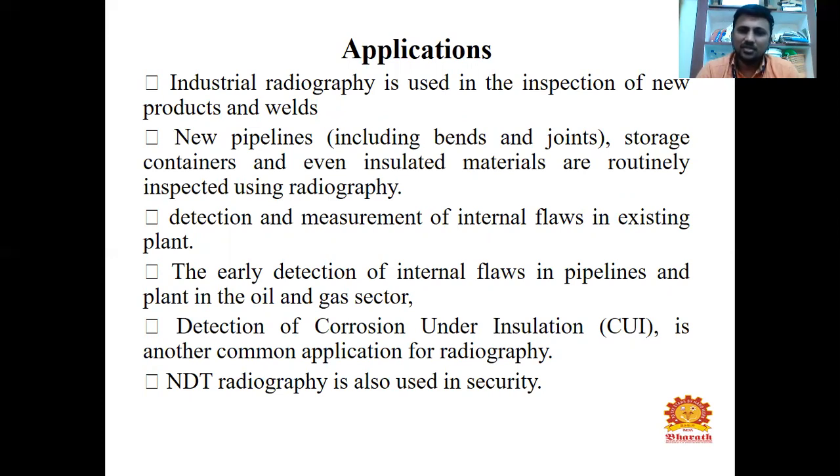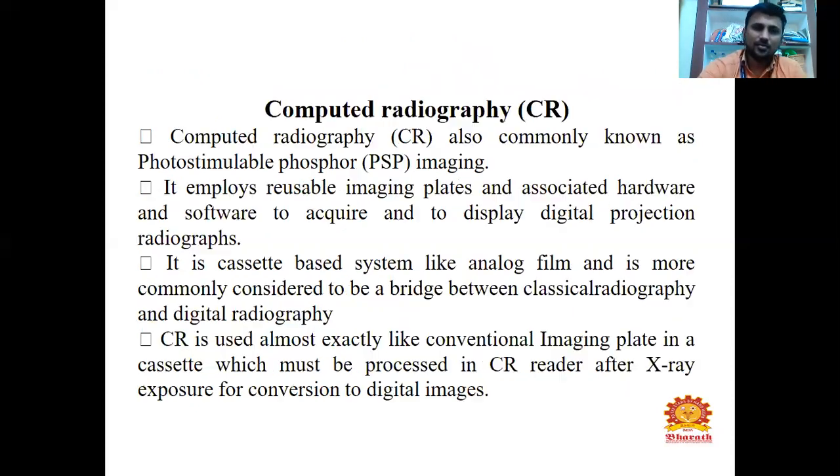Detection and measurement of internal flaws in existing plant, and the detection of internal flaws in pipelines and plant in the oil and gas sectors. A major application of this radiography method is detection of corrosion under insulation, which is another common application. NDT radiography is also used for security purposes.